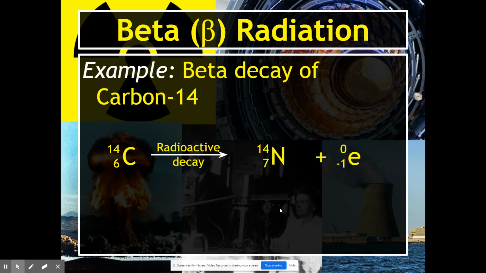Things to notice. The atomic mass, the mass number, did not change at all. It was 14. It's still 14. But the atomic number went up by 1, therefore changing the entire element.